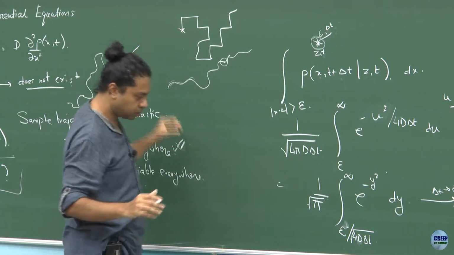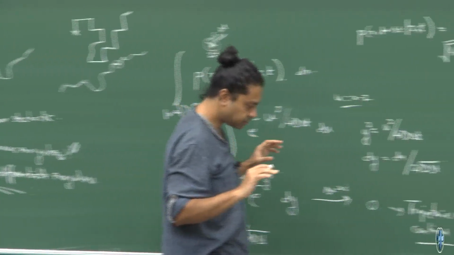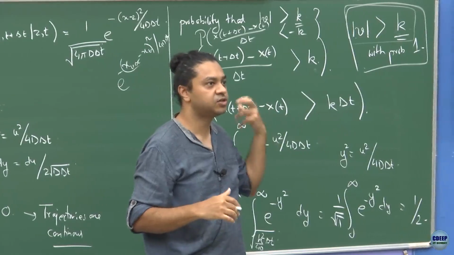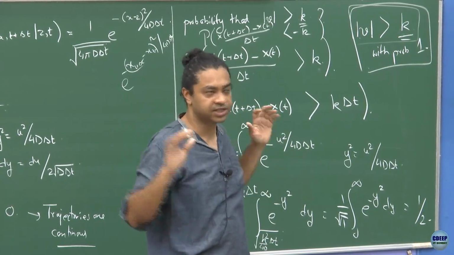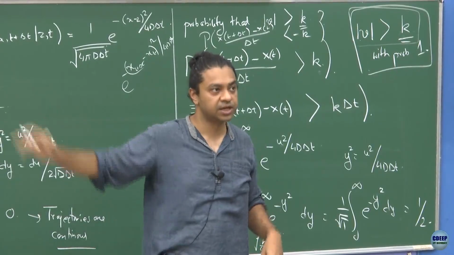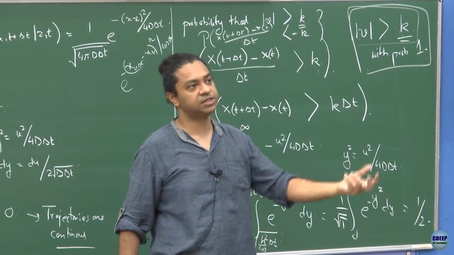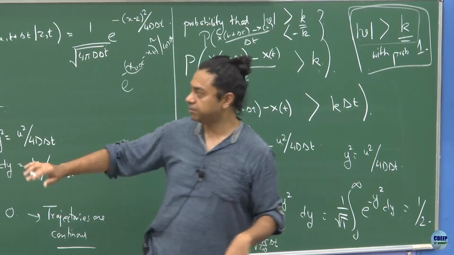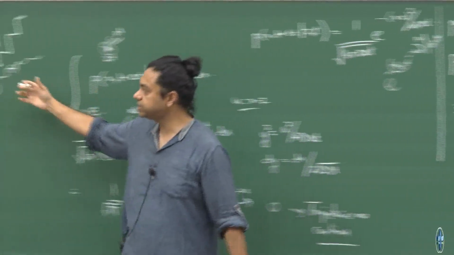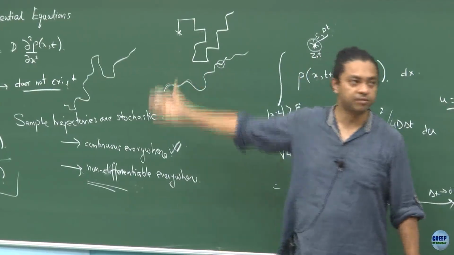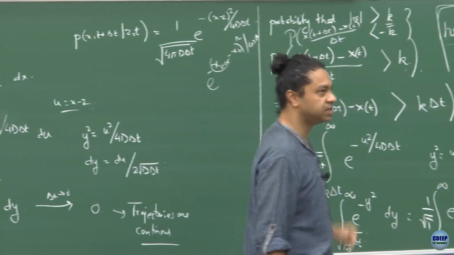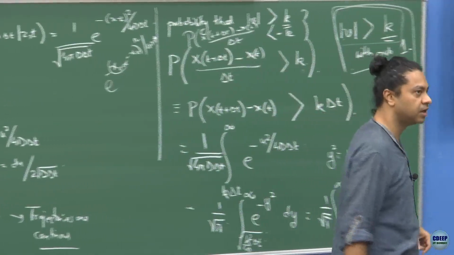There is no velocity limit that I have started with, there is no definition of the velocity that I have started with. I have just started with that definition of the random process. It is a hopping process, every instant of time I choose a direction and make a hop. In the continuum limit, it looks like continuous trajectories and the probability evolution is governed by that, but still the trajectories are fundamentally non-differentiable paths.